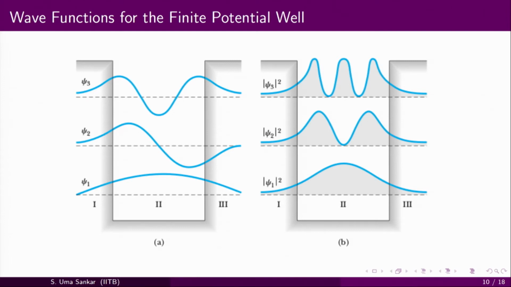In the case of the infinite potential well, the wave function is exactly 0 at x equal to 0 and at x equal to L, and outside the well it is identically 0. But here the wave function actually penetrates outside the well; it is non-zero outside the well, which means there is a non-zero probability to find the particle outside the well.